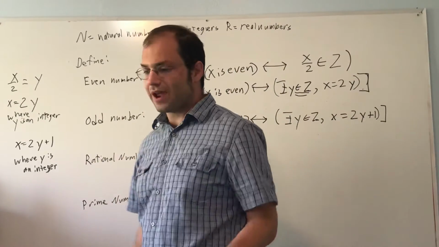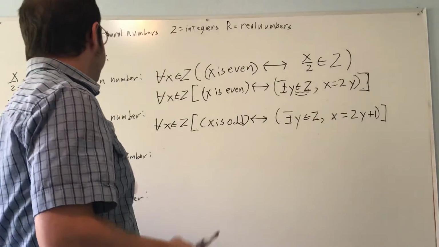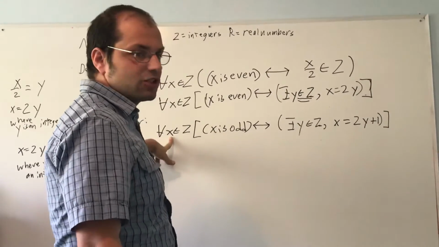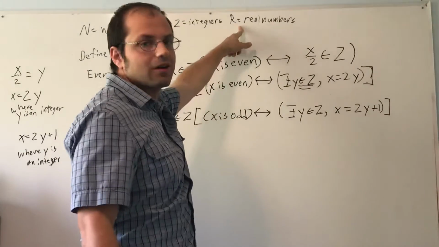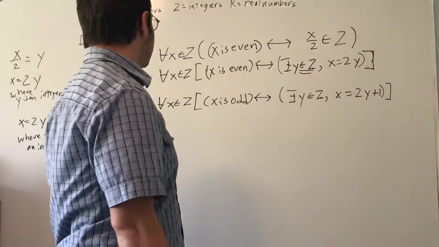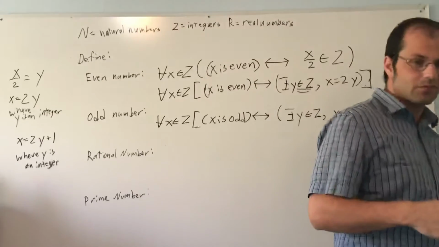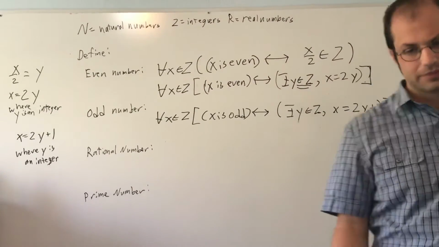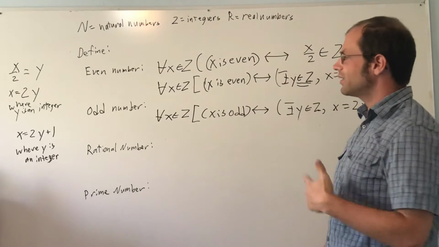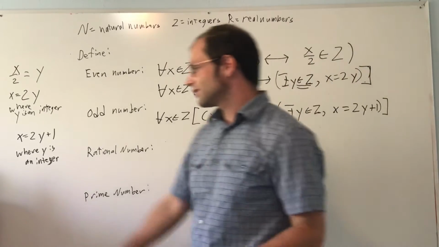So now, let's look at the next one. We want to talk about rational numbers. So now, instead of looking at things that are integers, we want to look at things that are real numbers. Because every real number can either be rational or it can be irrational. So, does anyone remember what our definition for a rational number is?